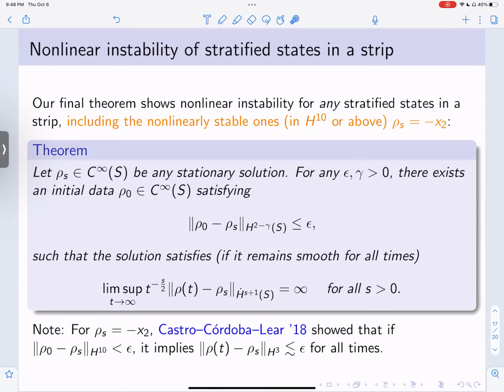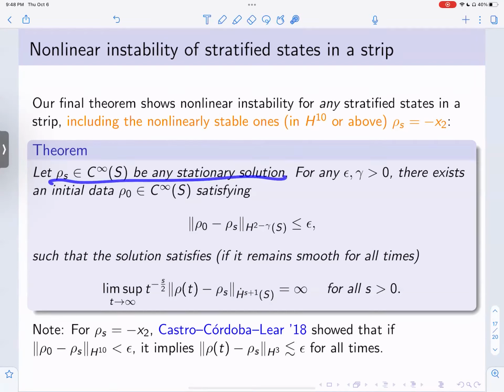And so this has been shown to be nonlinearly stable in H10 or above by Castro, Cordoba, and Lear. However, we show that the stability or instability actually heavily depends on which Sobolev norm we are using.